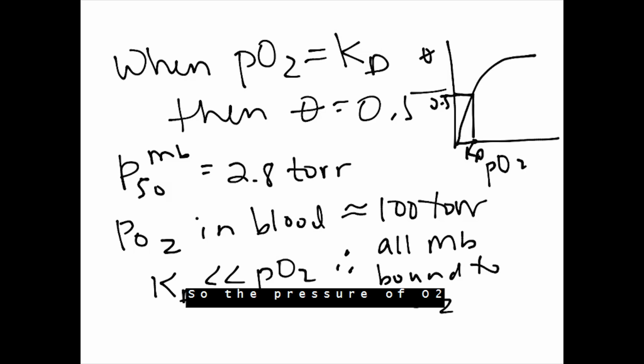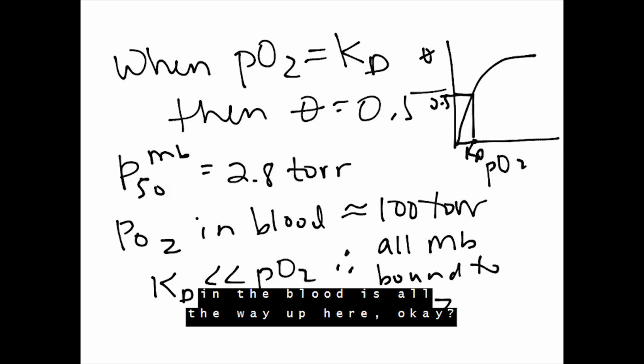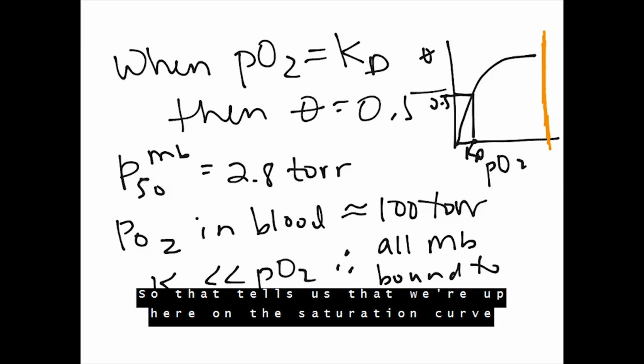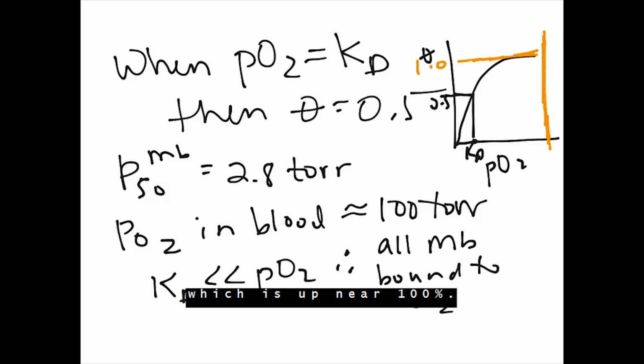So the pressure of O2 in the blood is all the way up here, okay? So this is the 2.8 torr, way, way low. We're way, way up here at 100 torr in the blood. So that tells us that we're up here on the saturation curve, which is up near 100%.